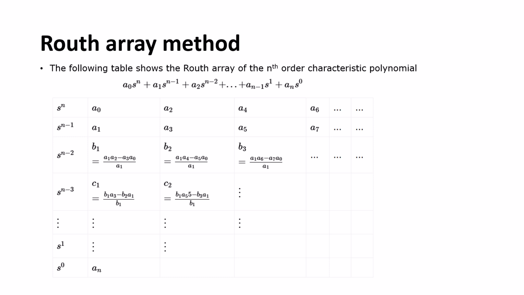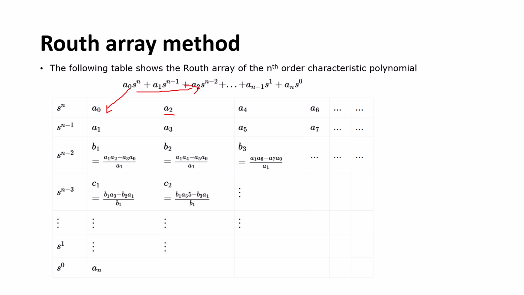Once it is done, now we will write the coefficient of s to the power n, which is a0. After writing a0, we will take a2, the coefficient which we have for s to the power n minus 2.